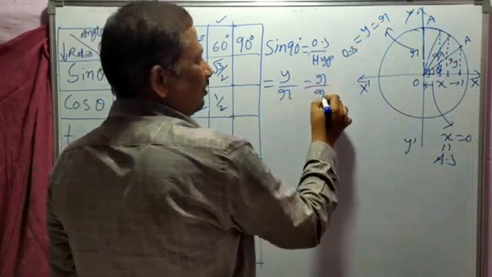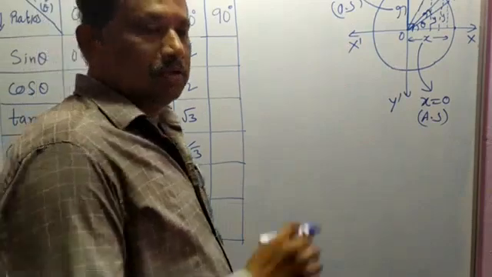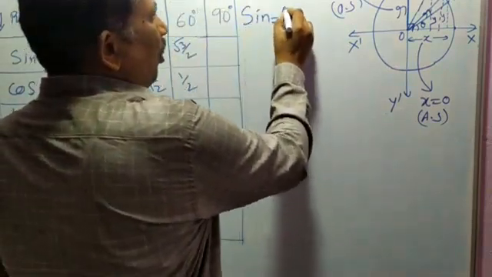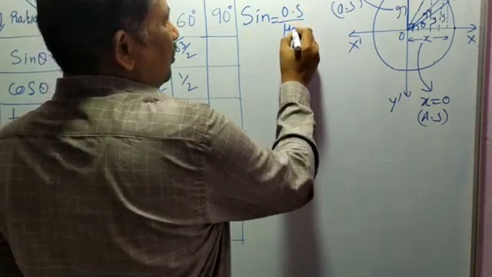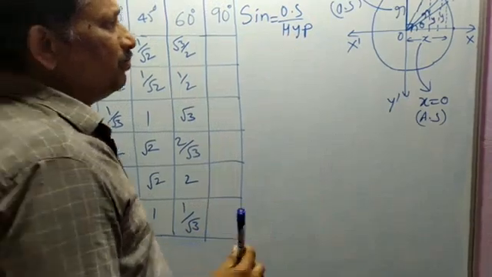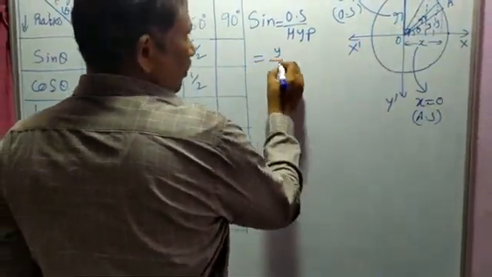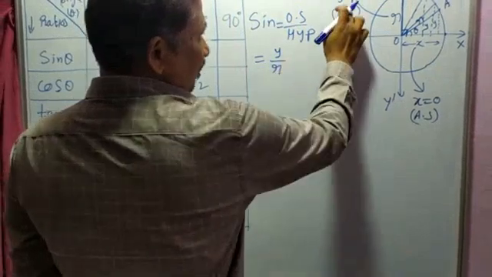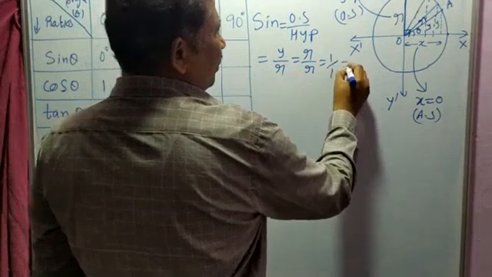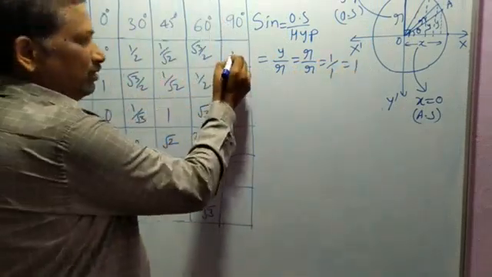So r by r is 1 by 1, that is 1. So sine 90 degrees is 1.